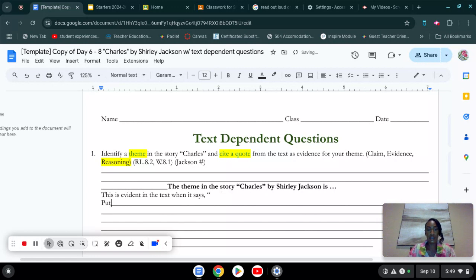I'm going to put a quote here. And then your citation. So remember, it's Jackson. And then I'm not going to put a page number, I'm just going to put the number sign. You are going to find a quote and make sure that you include the page number. So it's either going to be on pages 1, 2, or 3. So go ahead and put your page number there. That is sentence number 2.